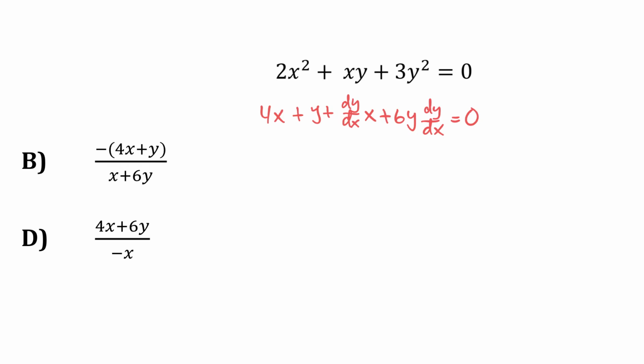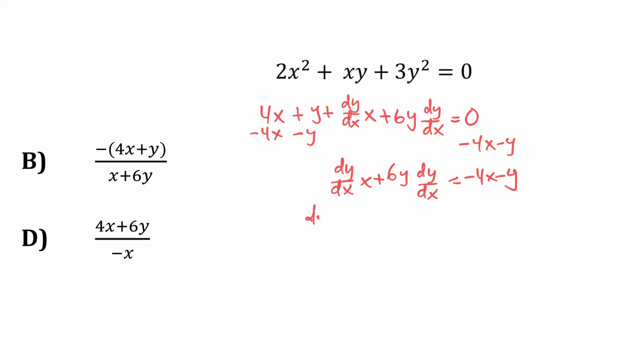Okay, so solving for dy dx, let's subtract 4x minus y. So what is this? We have dy dx, x plus 6y dy dx equals negative 4x minus y.